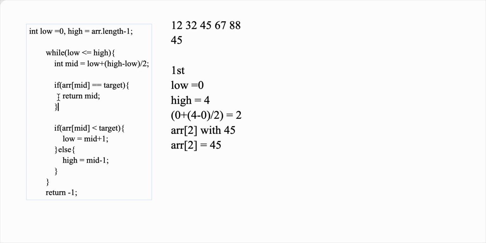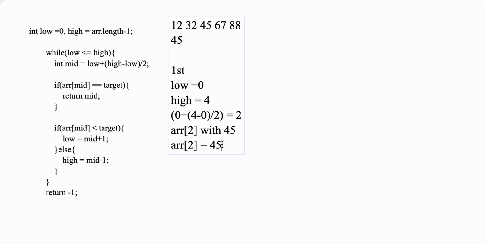So in this condition, array of mid is 2 and equals the targeted element 45, and we need to return that mid. What is our mid? 2. So 2 is our output. This is regarding the binary search algorithm.